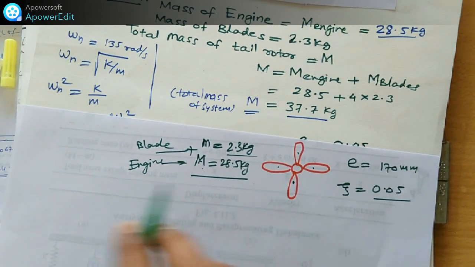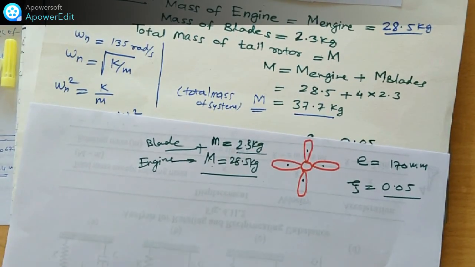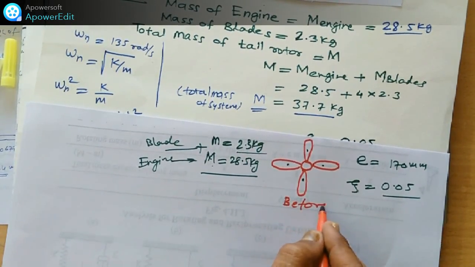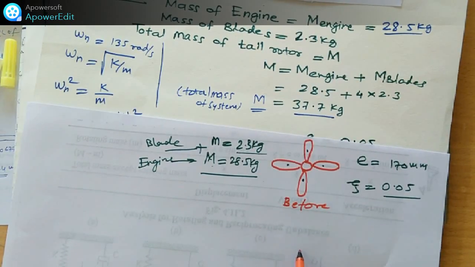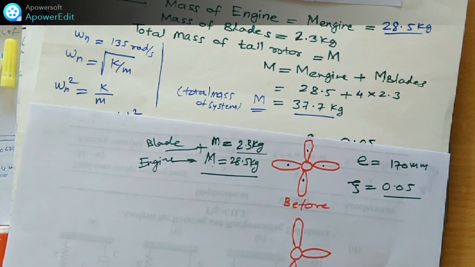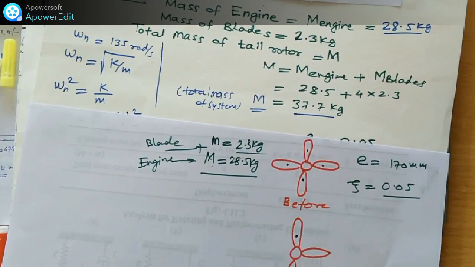So what is asked in the numerical? This is the before condition. After that, this is the rotor, this is a blade, this is another blade, and this is the last blade. Suppose here is the center of gravity for this blade, and it is balanced by the opposite blade.